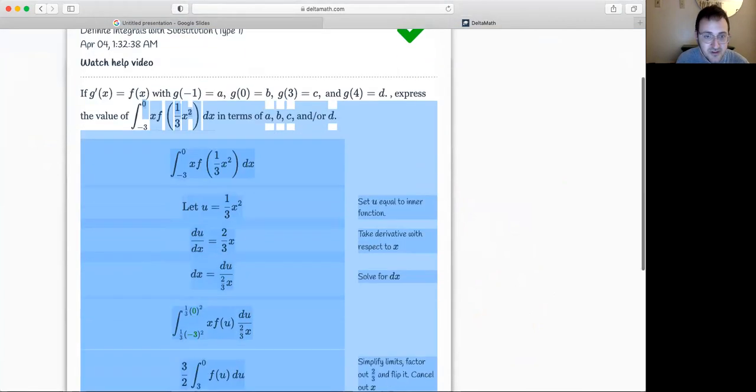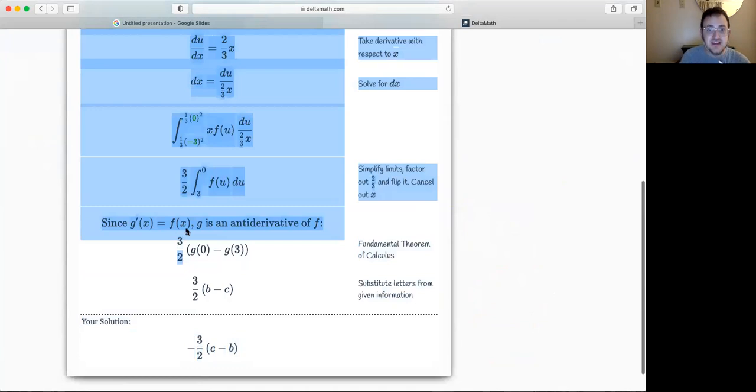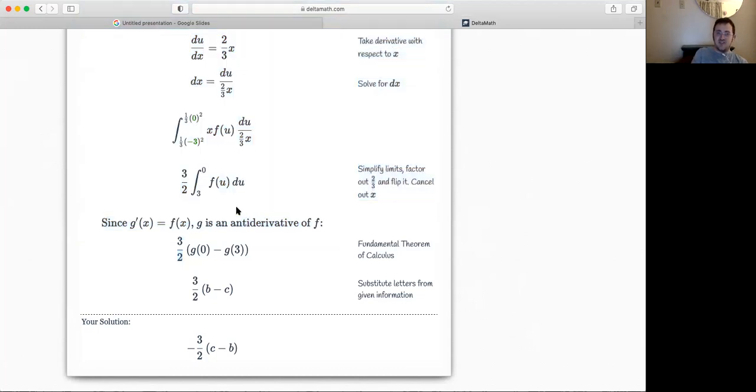So once you get past that, it actually is a pretty nice setup with minimal algebra needed. And I always like to get in the habit, a little different than Delta Math, of getting that bottom limit on the bottom, top limit on the top. What they actually have here is logically equivalent, believe it or not. So we are good.